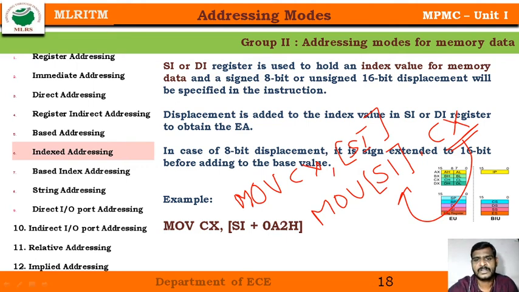So these are also possible, which means the source or destination index may be a source operand or a destination operand.